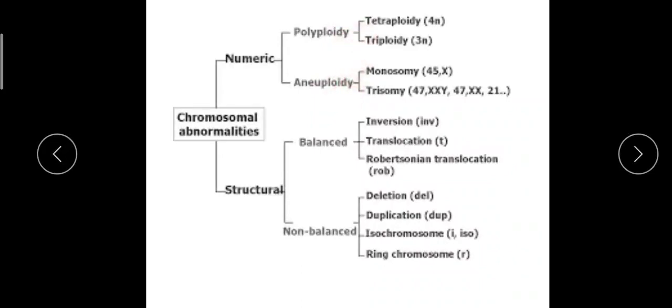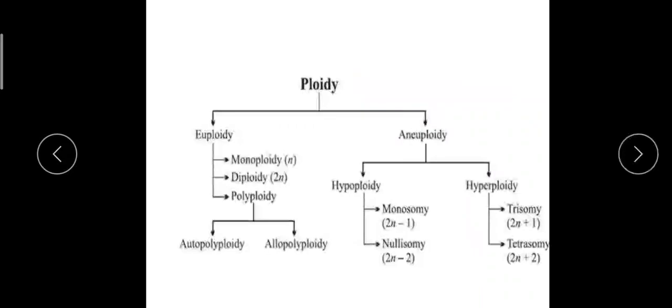Polyploidy we have dealt with in our previous video. So today, as I mentioned in the previous video, ploidy changes can be of two kinds. It can be euploidy or aneuploidy. So two types are there, euploidy and aneuploidy.